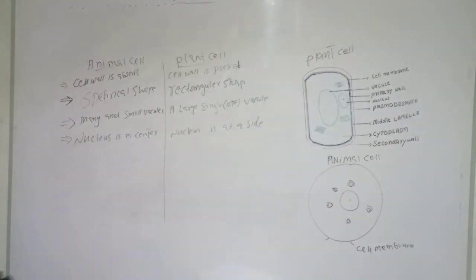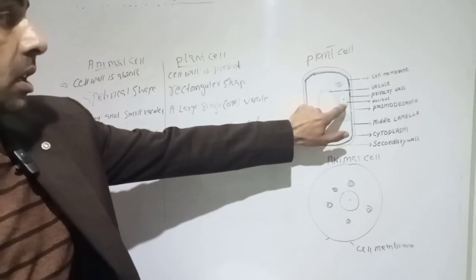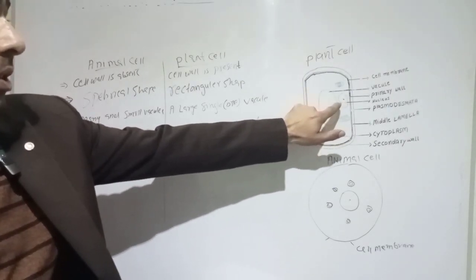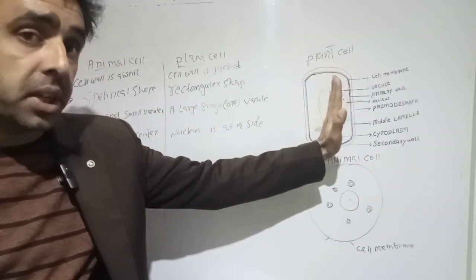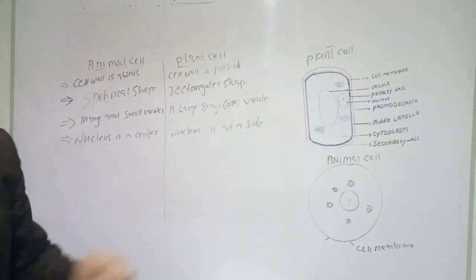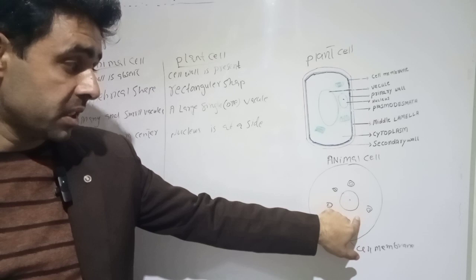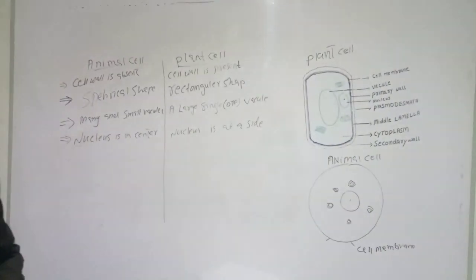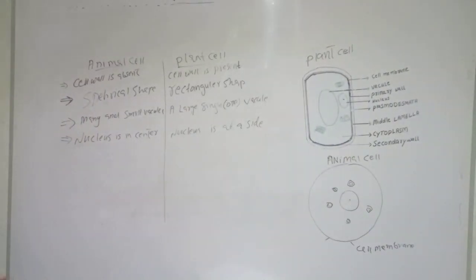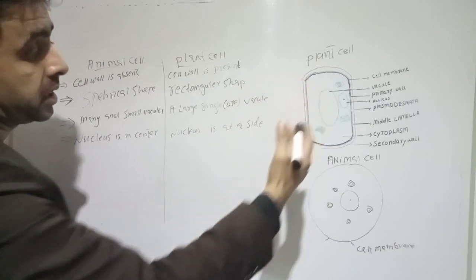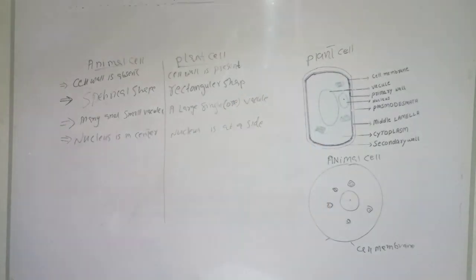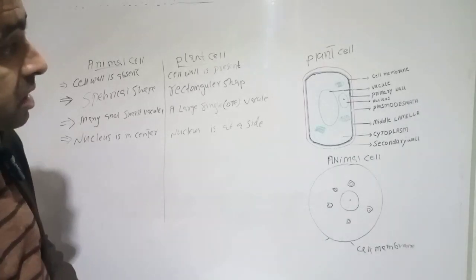You can see this is the nucleus, I pointed. In animal cell, it is located centrally. The question arises here: why is the nucleus at side in one and in center in the other? It is conceptual. I will explain.